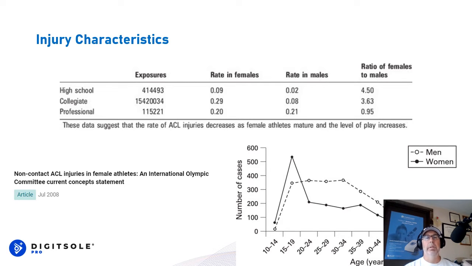So I harp on ACL injuries, for example, and you look at these specific metrics, and the majority of them happen at the high school age level, and so especially in females. So it makes sense that we really need to take a little bit of extra effort in reducing this and figuring out, first off, well, what is the problem, and making sure that we have a program that addresses it appropriately.